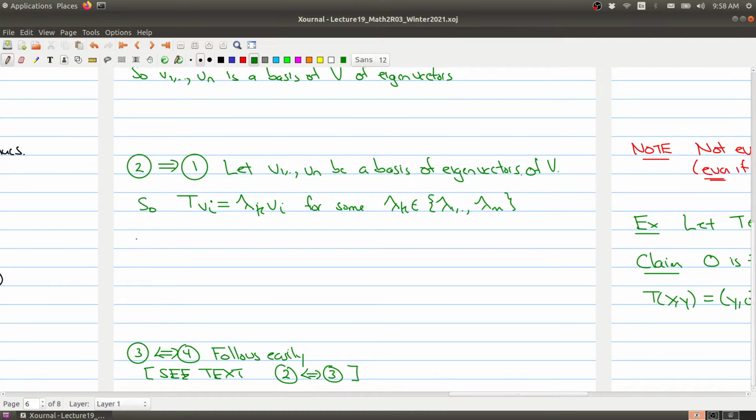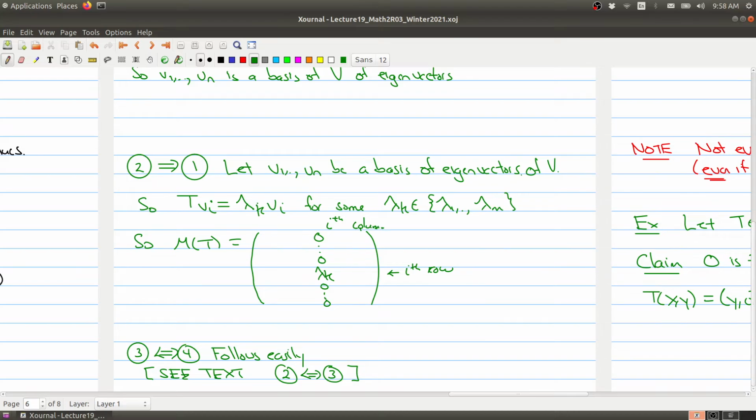Now, what that means is that when you look at the matrix MT and you look at the ith column, you will get lambda k in the ith spot. Here's the ith row, and this should be the ith column.